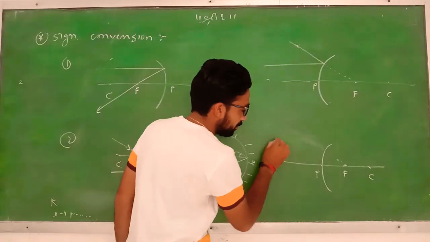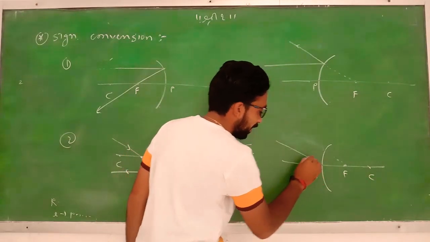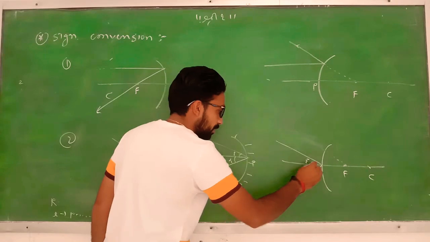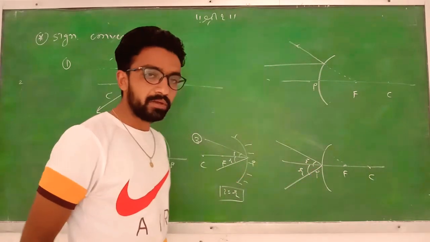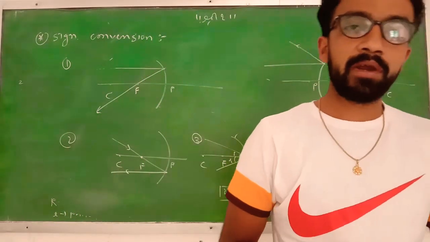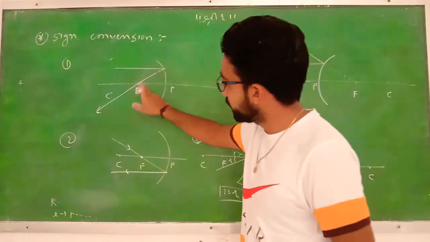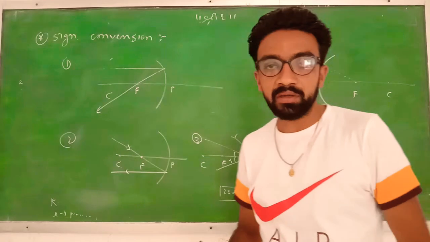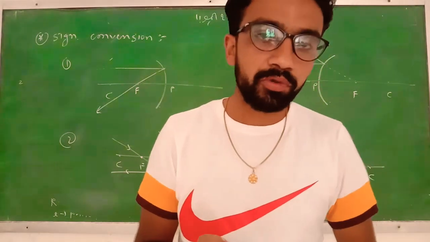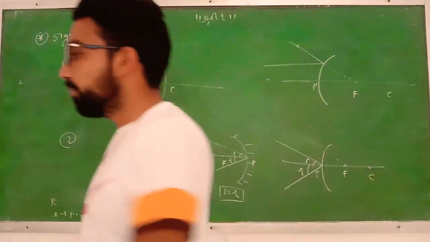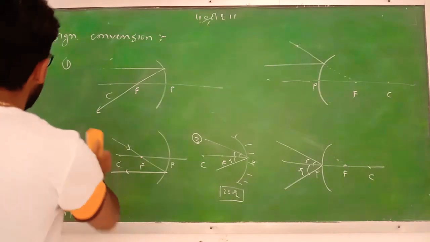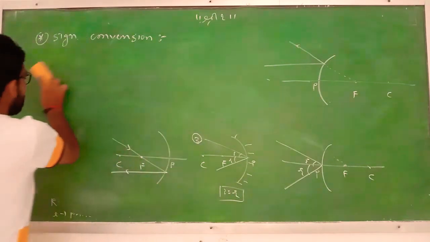You can see this is the incident ray making some angle, and after the reflection the ray is reflected in such a way that the incident angle and reflected angle are equal. So when these reflected rays meet each other, that intersecting point gives you the position of the image. So now we find the position of the image in the convex and concave mirror.